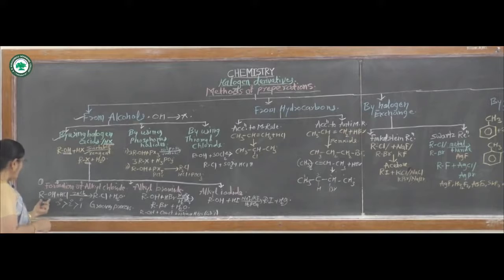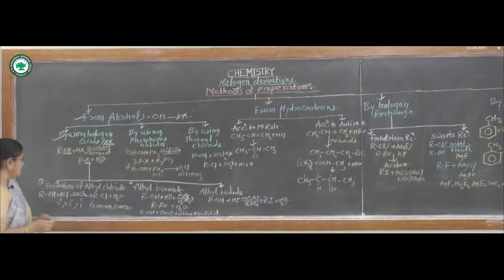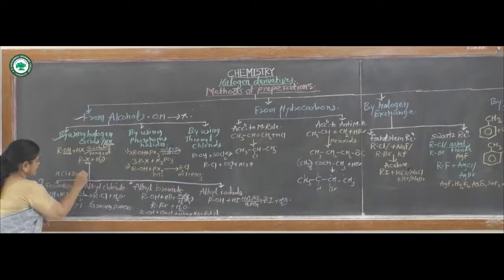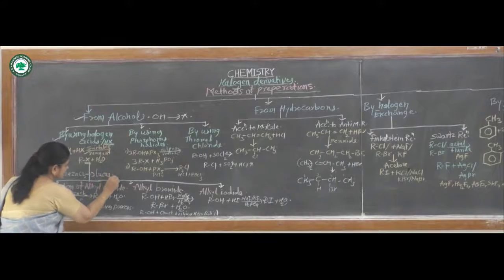Here ROH, the alcohol, reacts with HCl, with the suitable reagent zinc chloride and HCl, and gives RCl, alkyl chloride, plus H2O. This mixture of HCl and zinc chloride is called Lucas reagent.